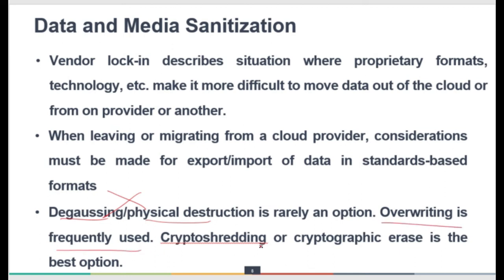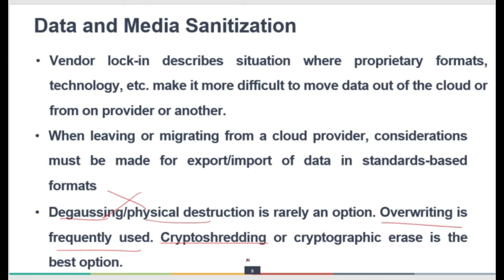It is frequently used, of course, based on the nature of data that we are trying to sanitize. You can overwrite your existing data with the random bytes, and just try to sanitize the media. But that is also not sufficient when it comes to the critical data or any confidential data.